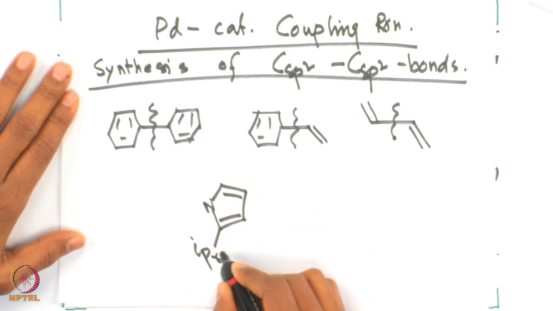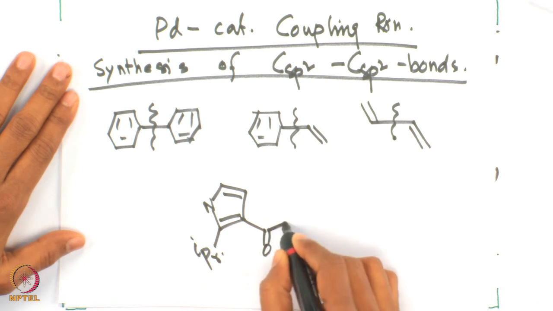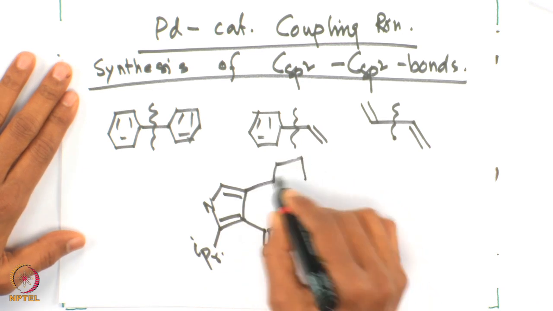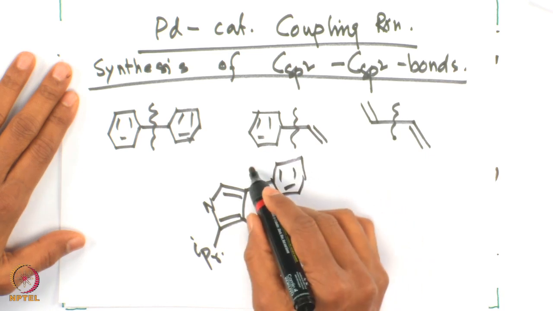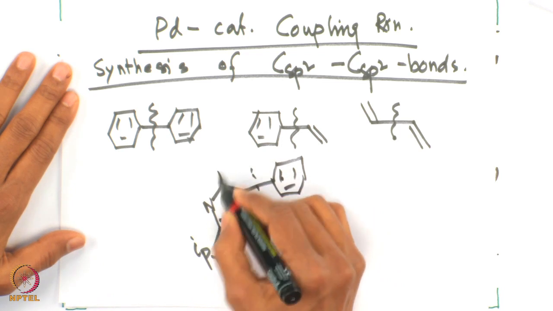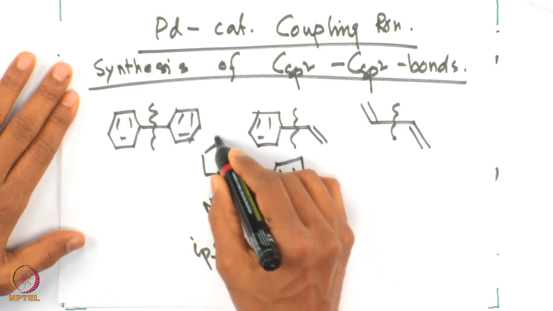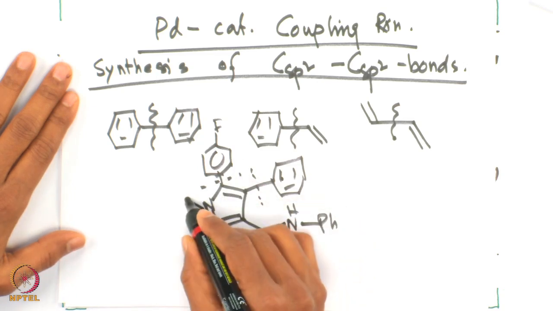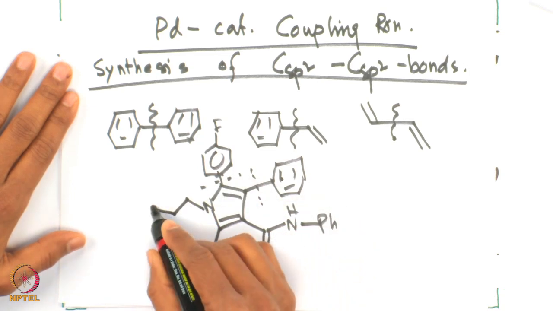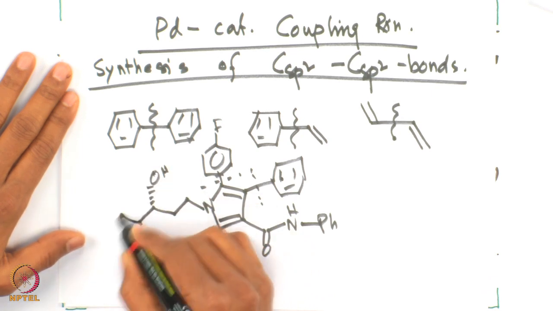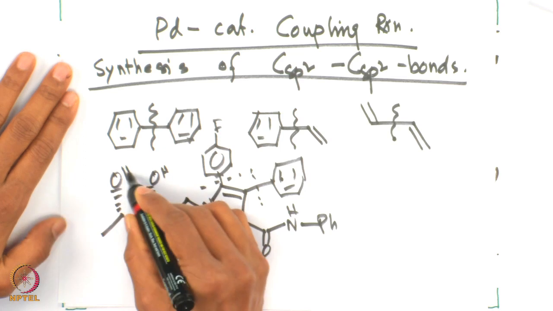And of course, a number of drug molecules such as this, which I am trying to draw here, is Lipitor, where you see this is one carbon-carbon sp2 bond formation, and another, for example, this one, another carbon-carbon bond formation, and you have a long chain of course over there for these processes.